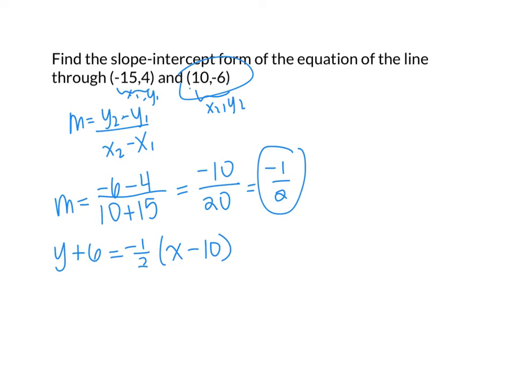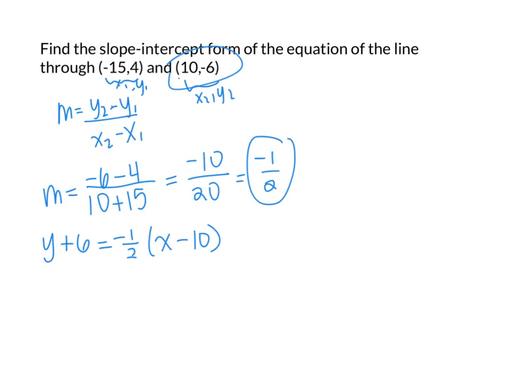From here, it says to put it in slope-intercept form. So what I'm going to do is solve for y. I'm going to distribute this 1/2, move the 6, and then solve for y. Distributing the 1/2, I get -1/2 x plus 1/2 times 10, which is 5. So I have +5.